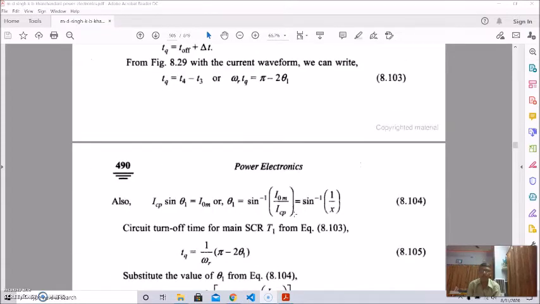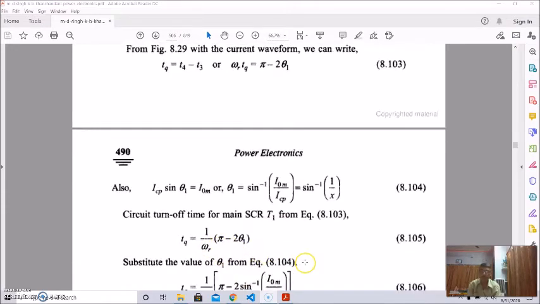Also ICP sine theta 1 equals IOM, or theta 1 equals sine inverse IOM by ICP, that is sine inverse 1 by x. So the circuit turn-off time for the main SCR T1 from this equation is TQ equal to 1 by omega r into pi minus 2 theta 1.